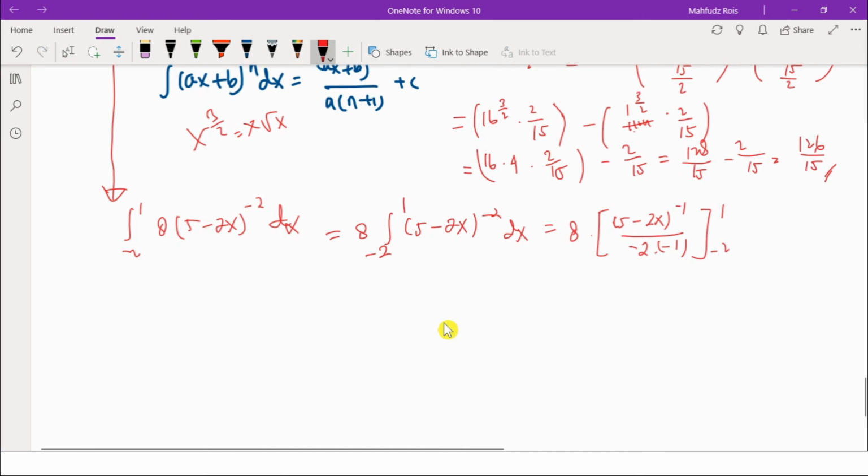Okay, let's continue. 8 times, you can change directly the value, so you make it bigger like this.